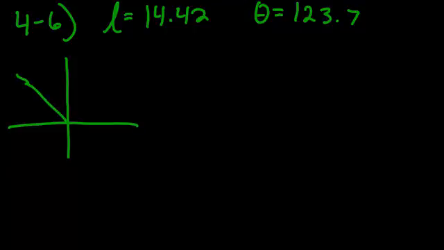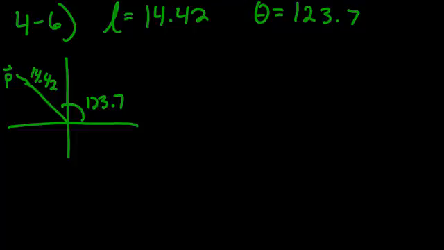So this vector we'll call P, has a length of 14.42 at an angle of 123.7, right? So this problem's asking us to find the x portion and the y portion of it.